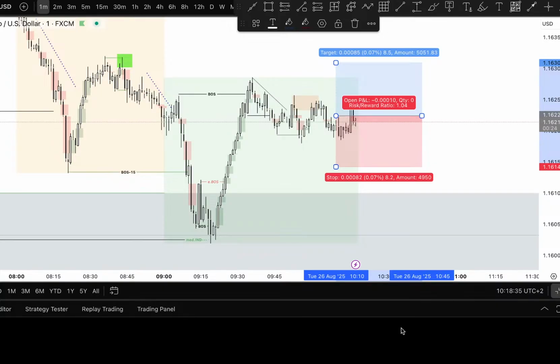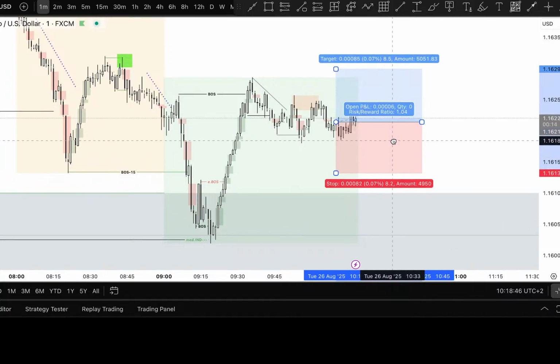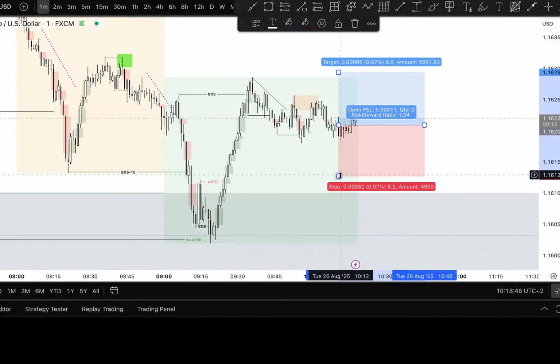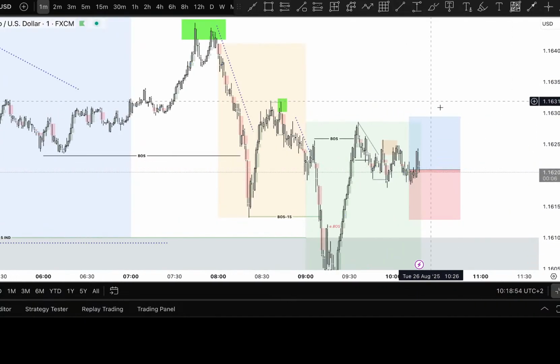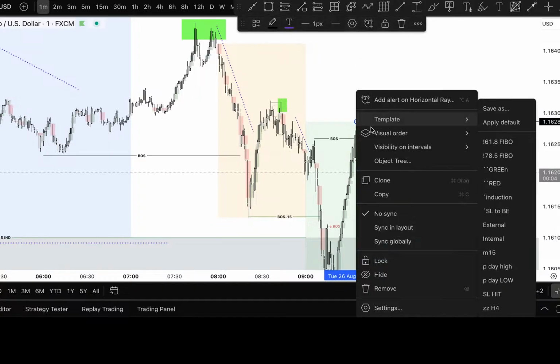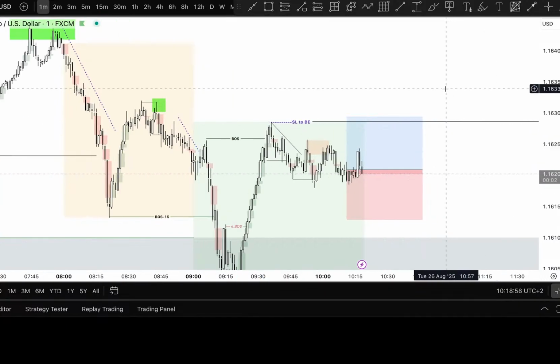Yeah, I have entered here in the EU, in this section with 8 pip as stop loss, which is kind of big one. I don't agree with that. Normally I go for 5, and this would be my SL to break even.